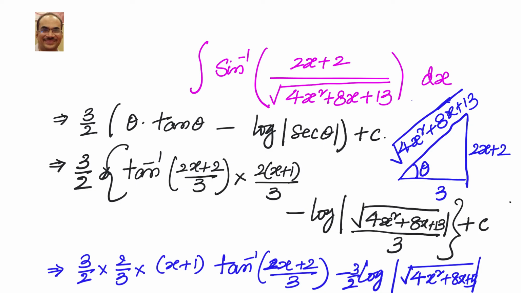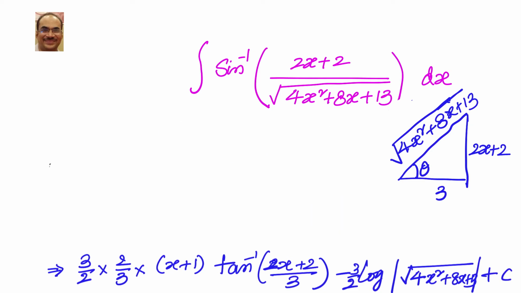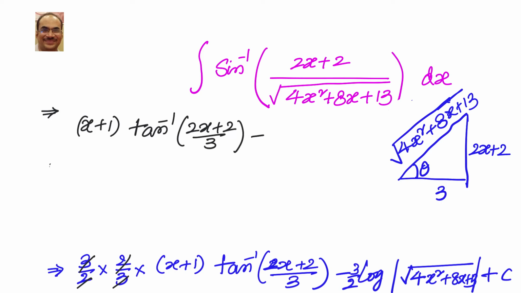So let's write down the final step. The last step will be: 3 by 2 and 2 by 3 will cancel. So we will have (x plus 1), multiply that with tan inverse of (2x plus 2) divided by 3, minus 3 by 2.